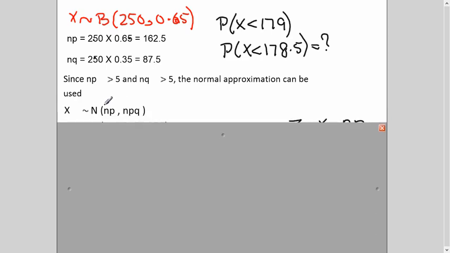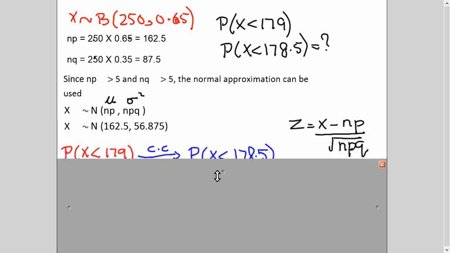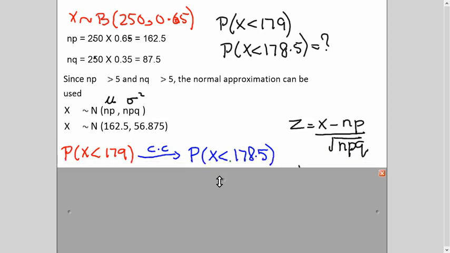Now my distribution will be normal with mean NP and variance NPQ. So this is my mu and this is my variance. You have to write all this on paper also, right? After that, you will use the Z formula, because now you have to change X data into Z so that you can read the table.